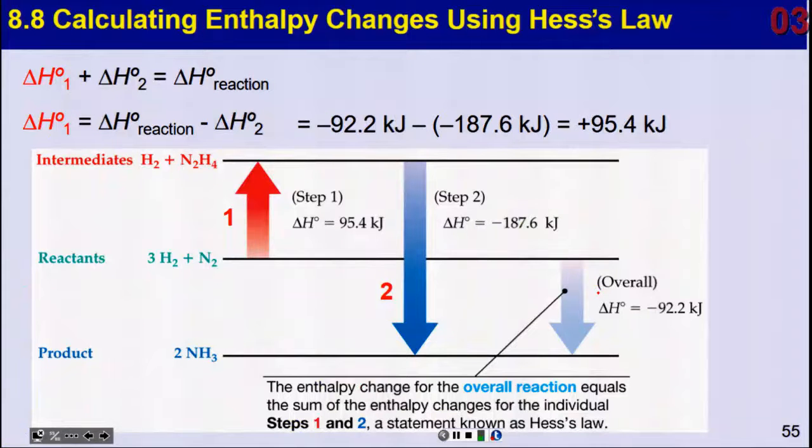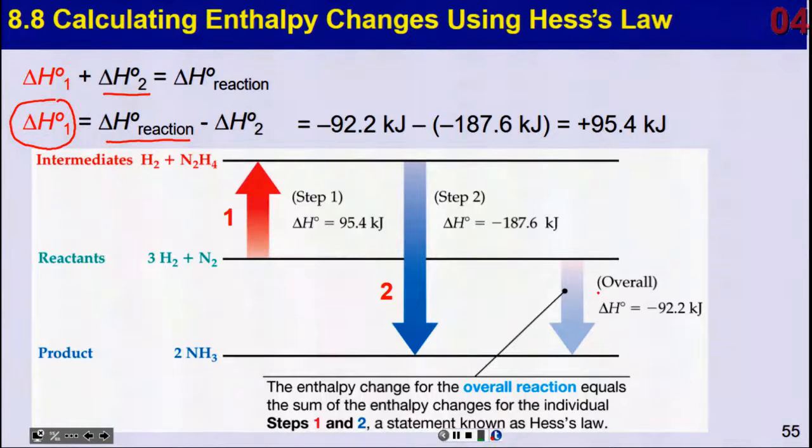The sum for the reaction overall is delta H1 plus delta H2, which gives you the heat of the reaction overall. And so you can find delta H1 by subtracting delta H2 from the heat of the overall reaction.